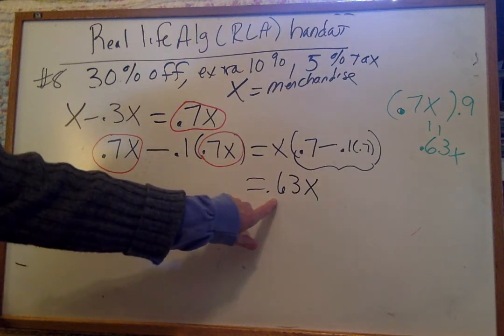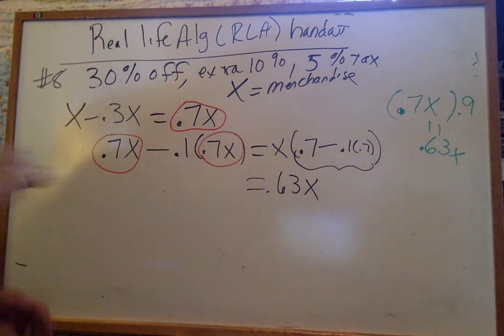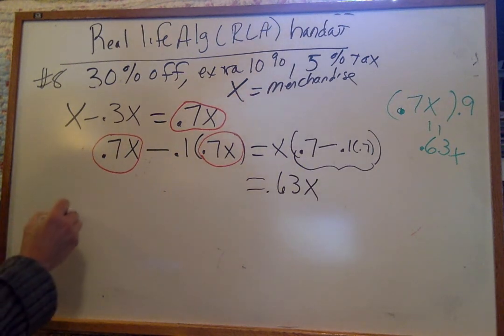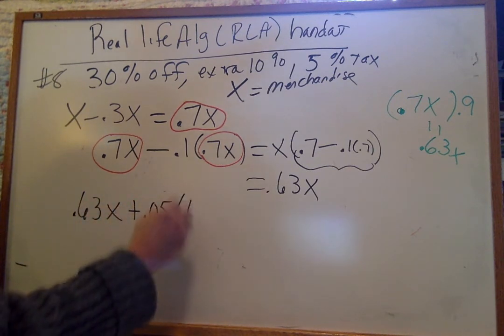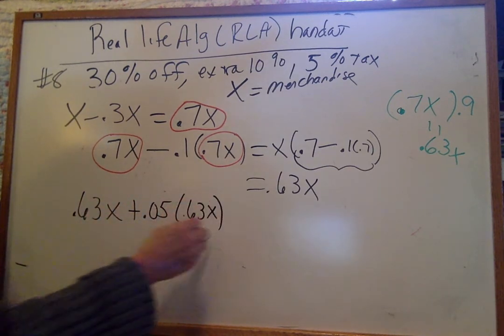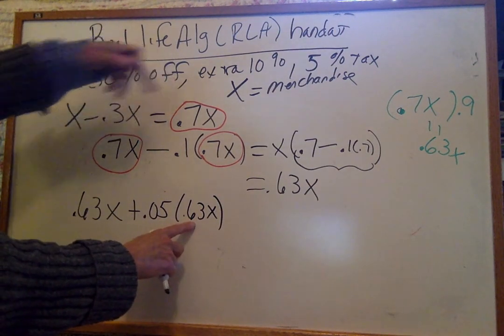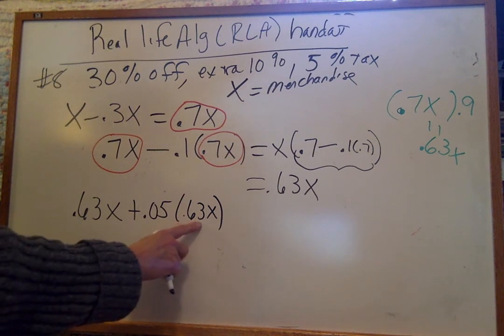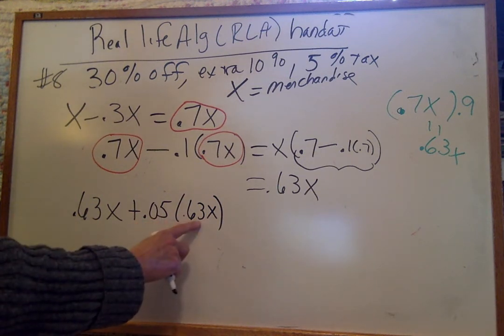Okay, that's my merchandise before tax. State of Virginia has to get their tax, right? So now, let me come over here, just what we did earlier. We have to figure out 5% of 0.63x, because you're not paying x or 0.7x anymore. This is the price at the register. They're going to figure out 5% of what you owe them.